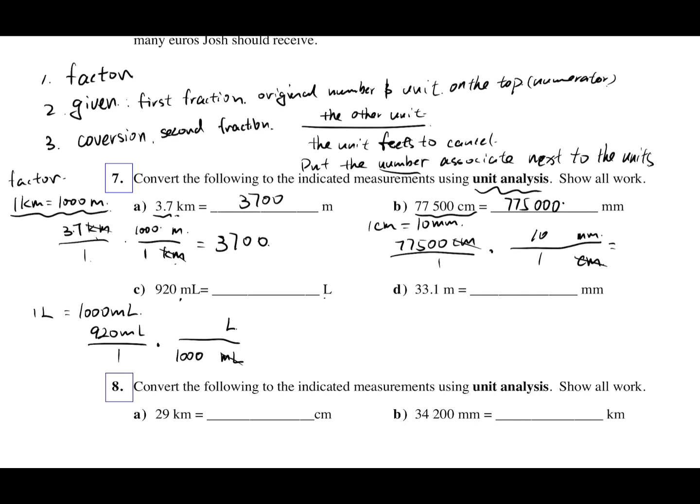Then we cancel, so this is 1,000, 1, 2, 3, 4, so the decimal point goes like this.